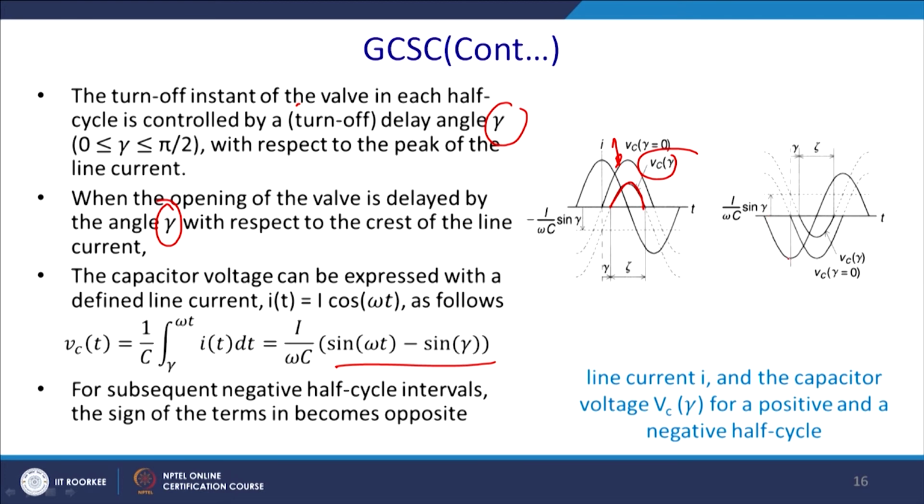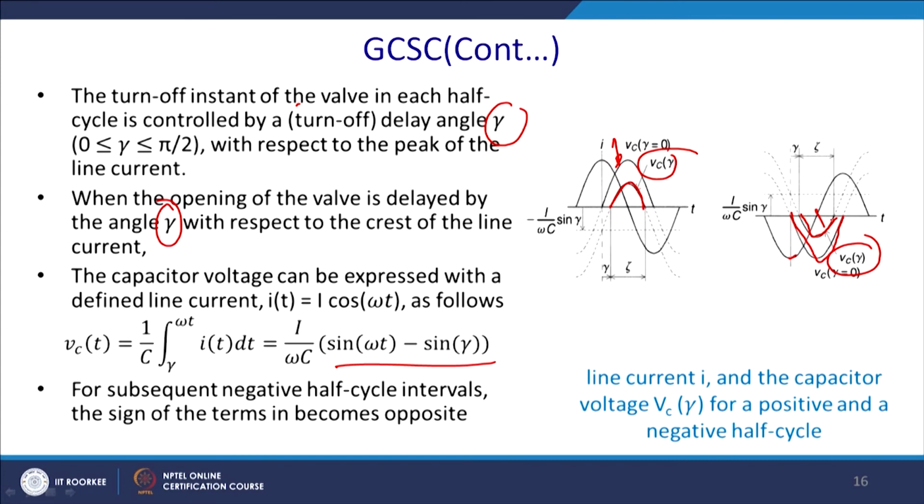So, ultimately this is the current and this is the voltage uncompensated, when you do not trigger. So, total capacitor comes into the picture and this is the Vc with lambda.